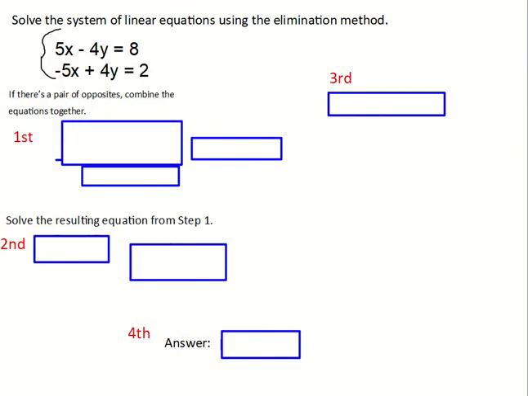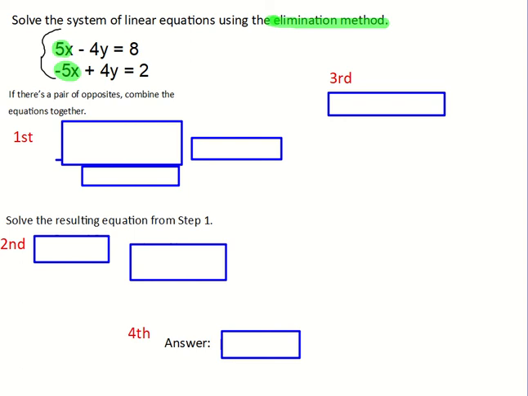So again, it says solve the system of linear equations using the elimination method. Your first equation, you have 5x minus 4y equals 8. Your second equation is negative 5x plus 4y equals 2. So again, you first start by looking for a pair of opposites. In this example, 5x and negative 5x are opposites.